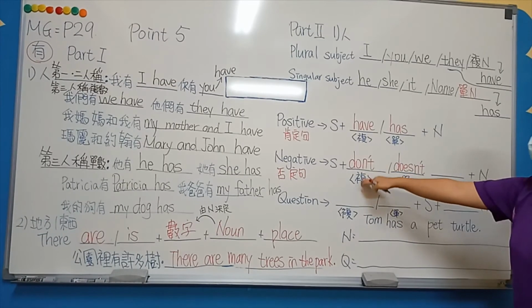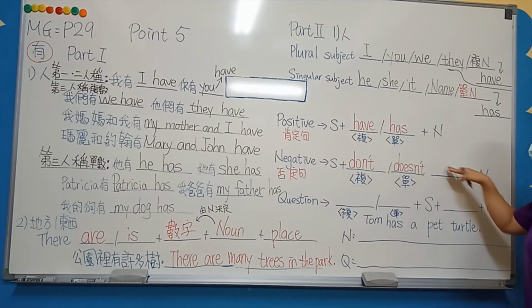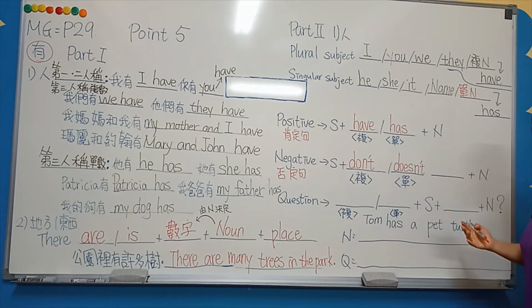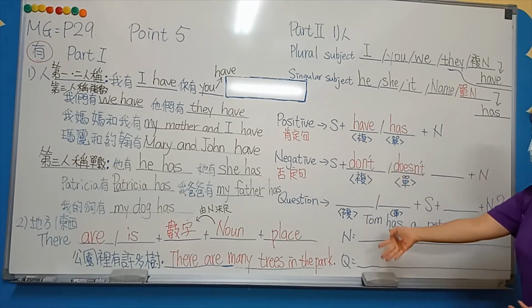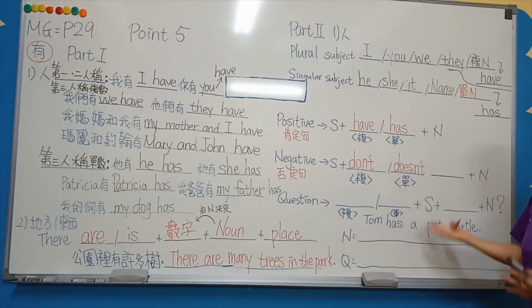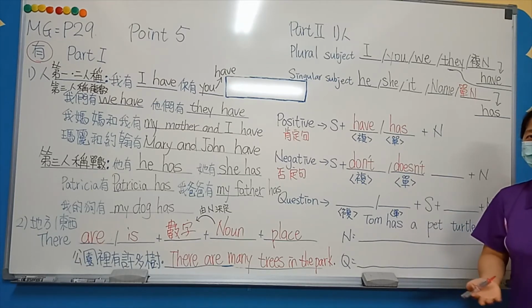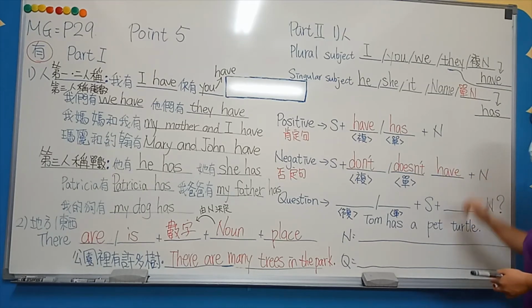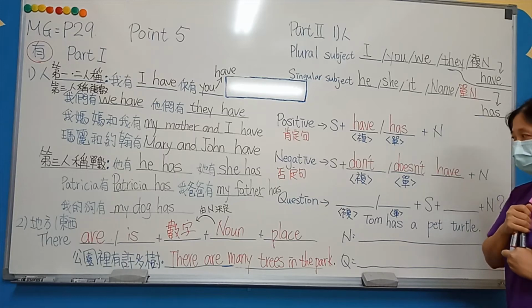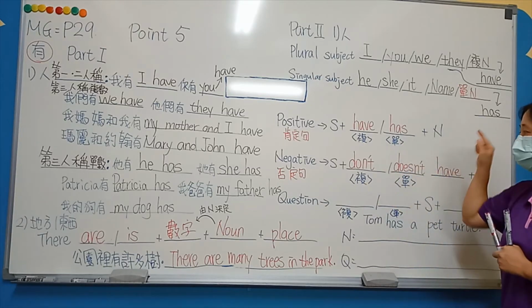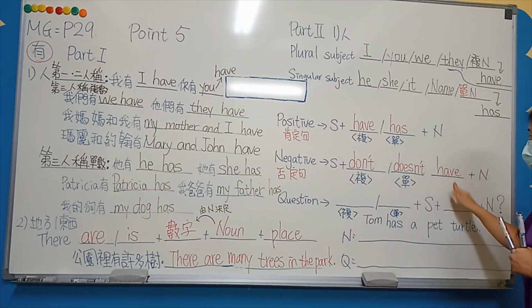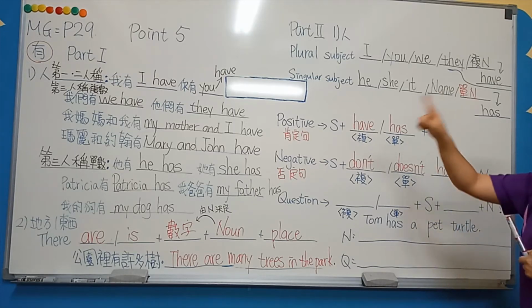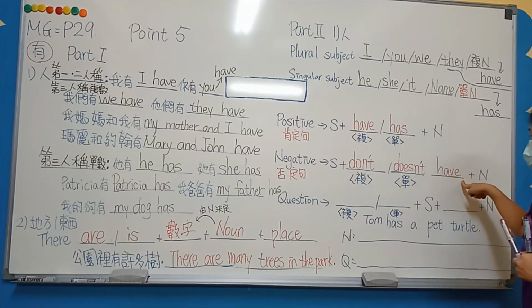So if you have don't and doesn't, don't forget, after don't and doesn't, you need to put down RB, right? RB. So RB, which one? Only have. Okay? Only have. So don't forget, after don't, after doesn't, you need to put down RB. RB for人的有 only have. Okay?